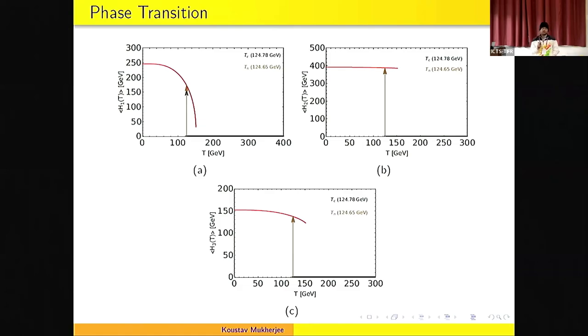If there is no arrow, it is second order. So here we see all of them, H1, H2, H3, have first order phase transition. Now whether they are strong or not depends on the zeta value, which can be calculated using the delta phi by Tc condition. The Tc here is 124.78 GeV, and Tn is 124.65 GeV.